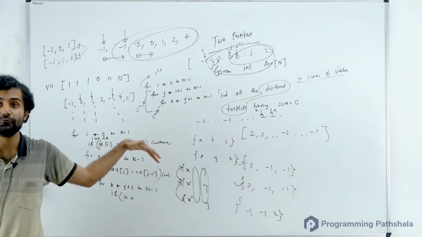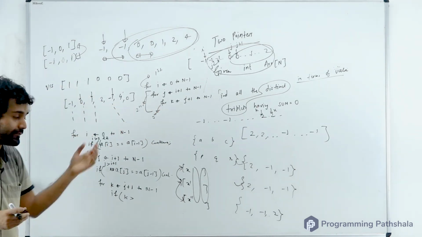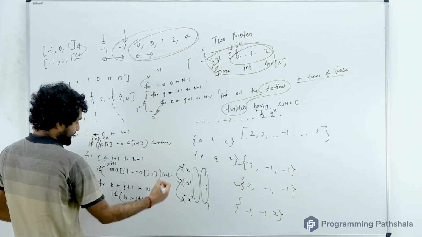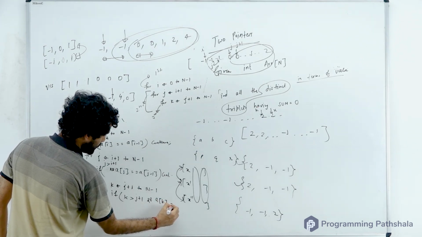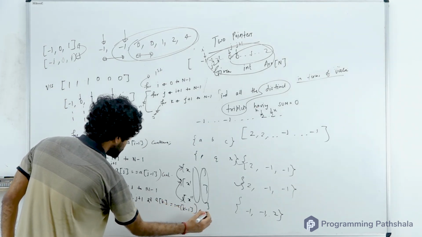K should be greater than j plus 1, because the first thing will always be considered. If k is greater than j plus 1 and a of k equals a of k minus 1, then you would want to continue.